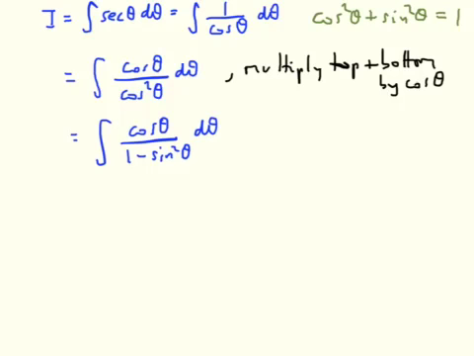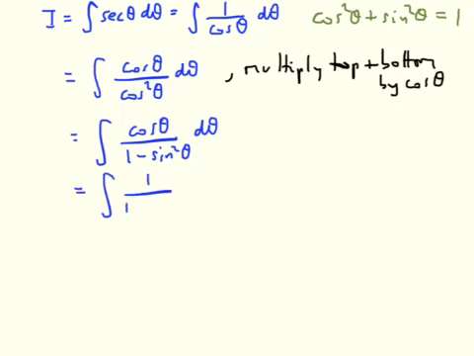Now when we look at the integral written in this form, and this is algebraically identical to its initial form, what we recognize is that here we have a function of sine of theta multiplied by the cosine of theta, and the cosine of theta is the derivative of sine of theta. So just to make that perhaps a little bit clearer, let me just split this up into two factors.